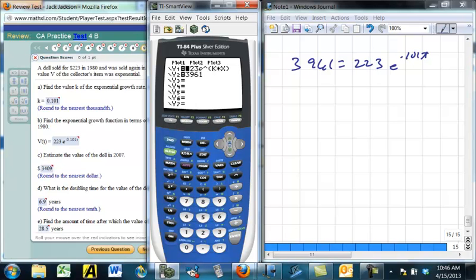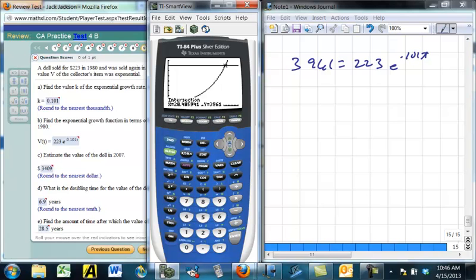However, if we use the rounded off k, which is what they're going to want, let me go back and change this to the rounded off version, 0.101x. Now do the same thing. Calculate the intersection. First curve, second curve, I'm going to guess 30.